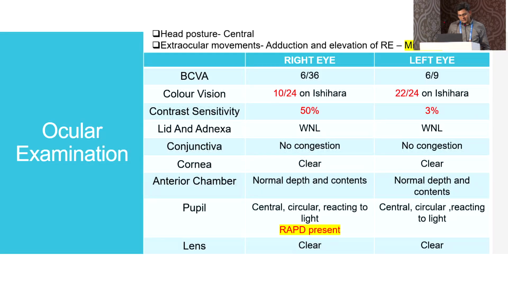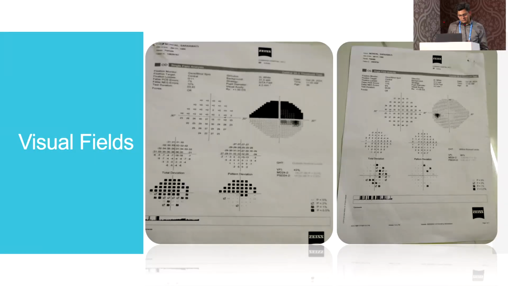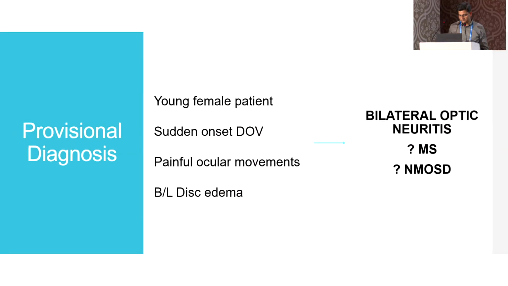A positive finding in her extraocular movement was mild pain in adduction and elevation of the right eye. She had dyschromatopsia in both eyes. Her contrast sensitivity was decreased and RAPD was present in the right eye. Her fundus examination revealed bilateral disc edema, asymmetrical, more in the right eye. Her visual field showed a superior altitudinal defect in the right eye, and the left eye had a few scattered defects.